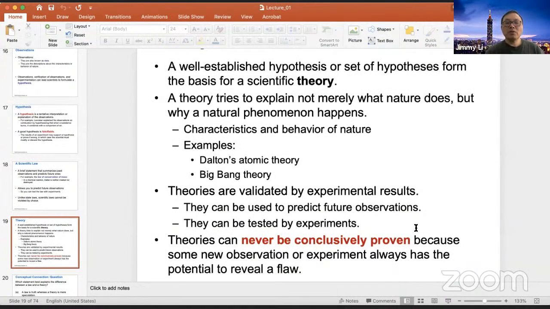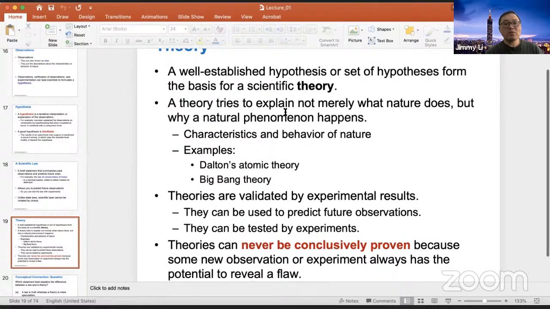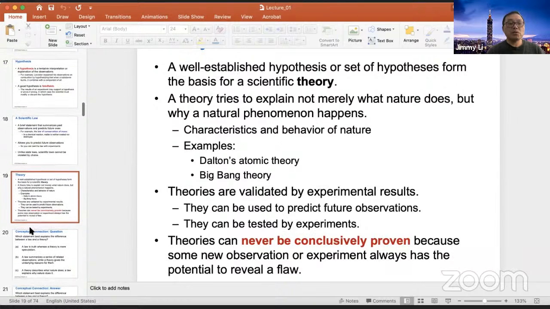A theory is a well-established hypothesis or set of hypotheses that forms the basis for the scientific theory. Theories tend to have some explanation. The law gives you a summary of observation. Make sure you get that.